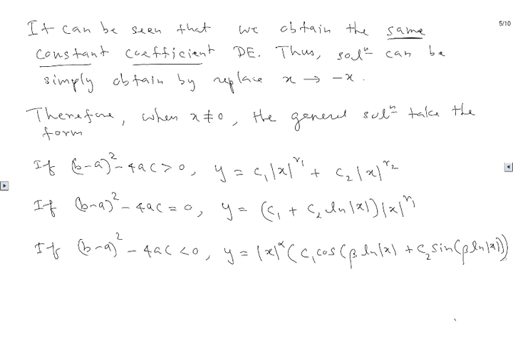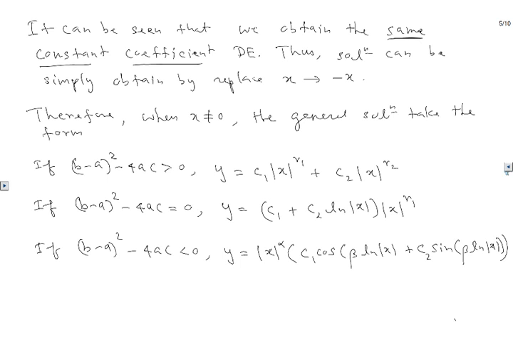So that's how the general solution looks like in those three cases, and you can write these solutions directly, but this is for general x. So when you get a problem, see whether we are solving for positive x, for negative x, or for general x.